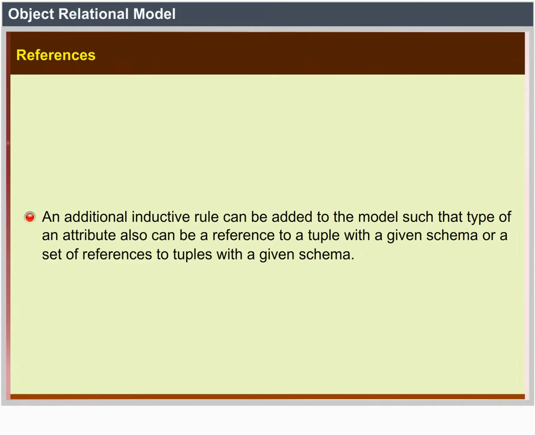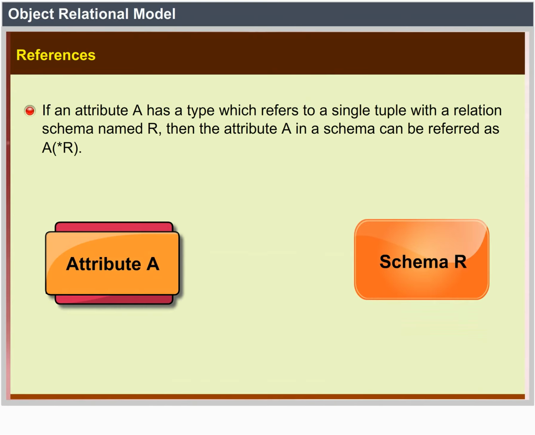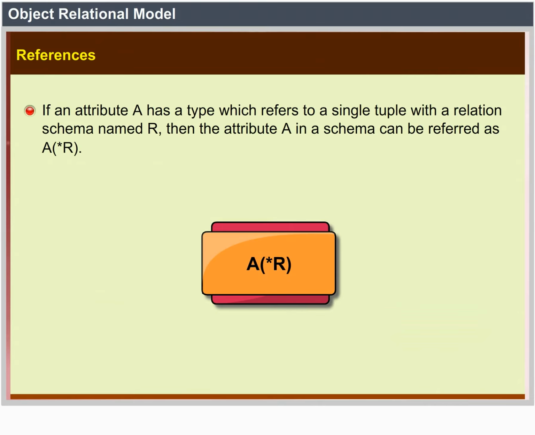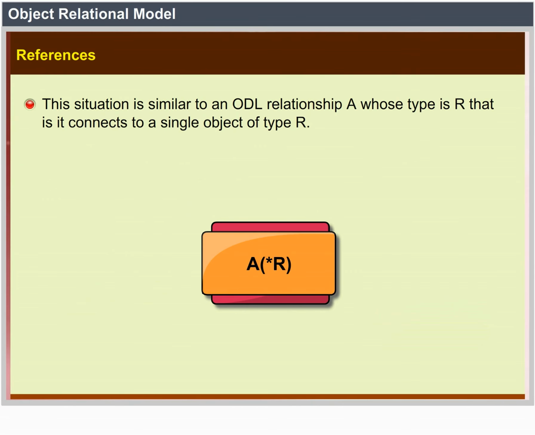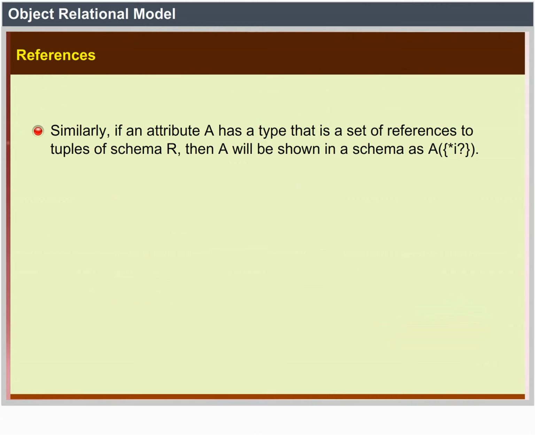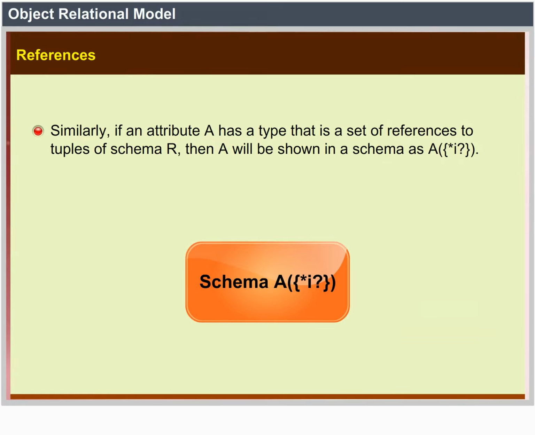If an attribute A has a type that is a reference to a single tuple with a relation schema named R, we show the attribute A in a schema as A star R. Notice that the situation is analogous to an ODL relationship A whose type is R, that is, it connects to a single object of type R. Similarly, if an attribute A has a type that is a set of references to tuples of schema R, then A will be shown in a schema as set of R star.